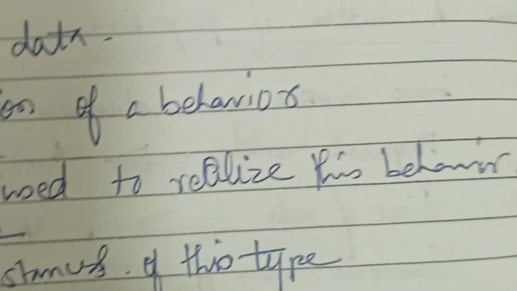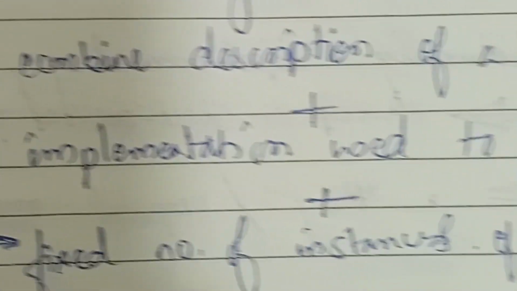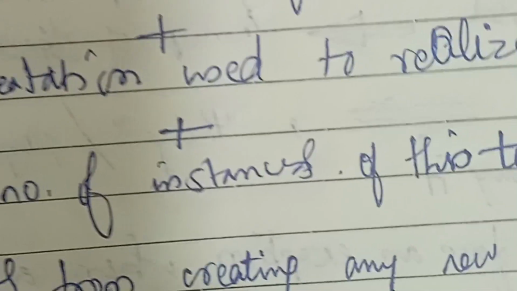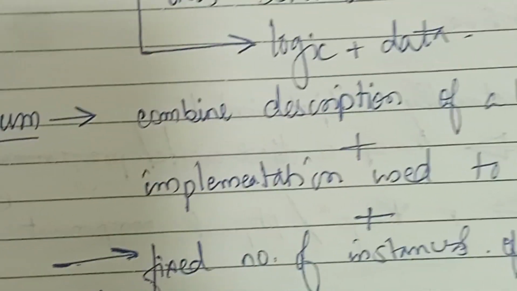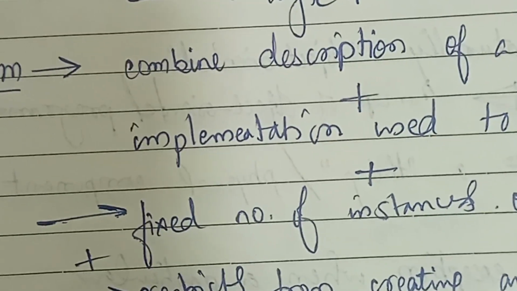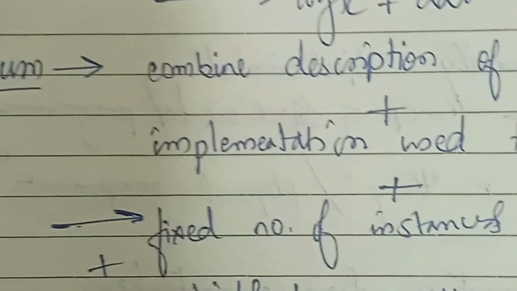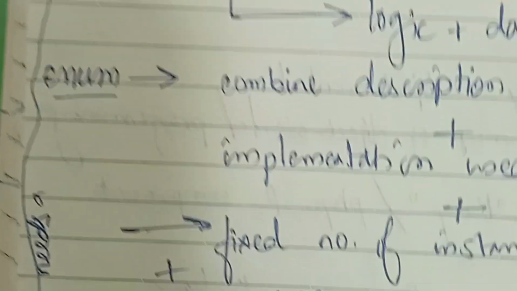Coming to class, a class combines a description of a behavior with the implementation that is used to realize this behavior. The implementation includes logic and data. For example, a bank account has the logic of depositing and withdrawing money, and the data is the bank balance that increases or decreases.